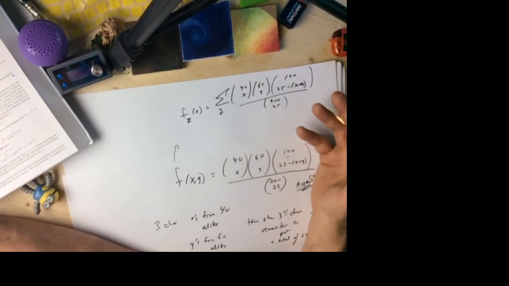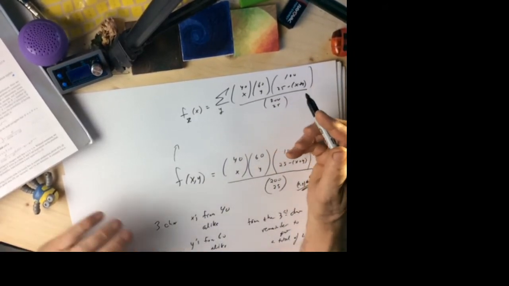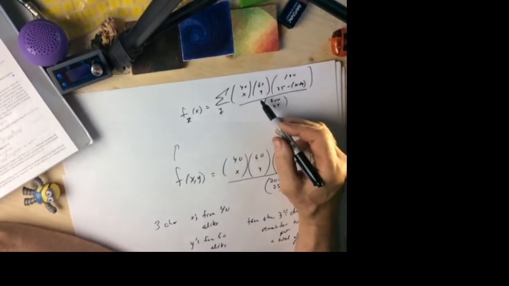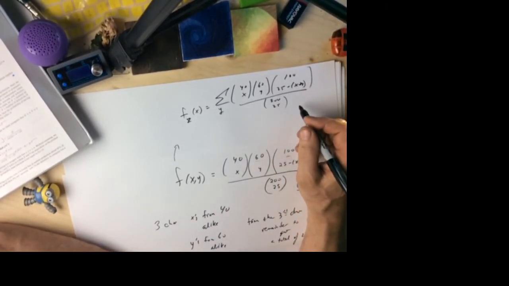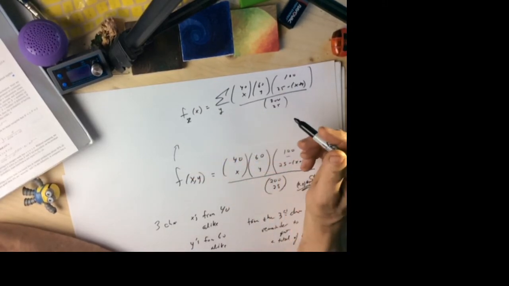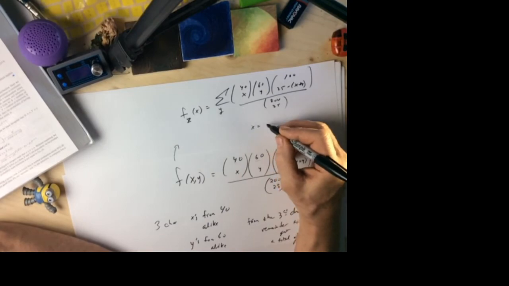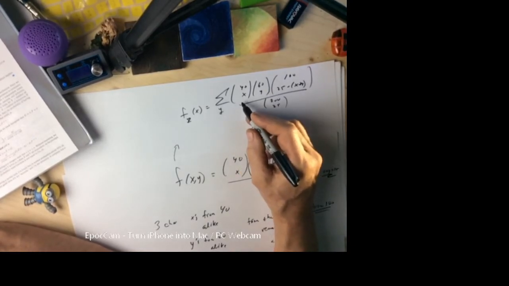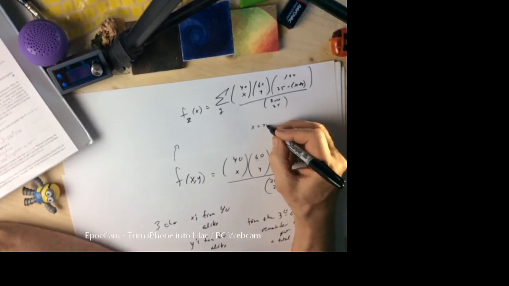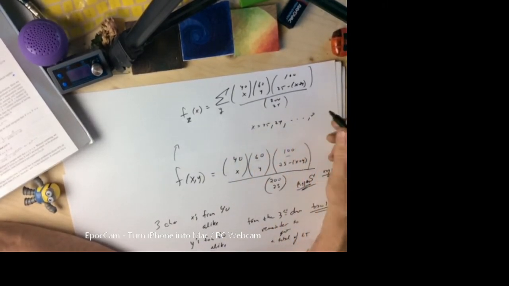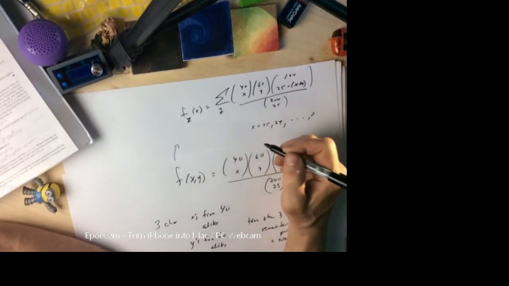Y equal to 1, we get our second. Y equal to 2. And all the way up to y equal 25. Well, when you do that, then you get the complementary values for x. When I put in 0 for y, then x equals 25. I put in 1 for y, then x equals 24, and it goes all the way down to when y is 25, x equals 0. So I can just reverse it.